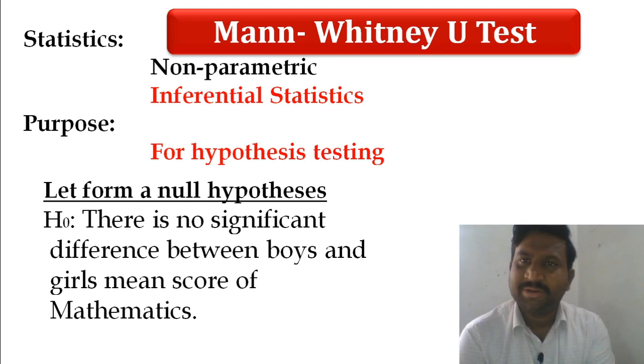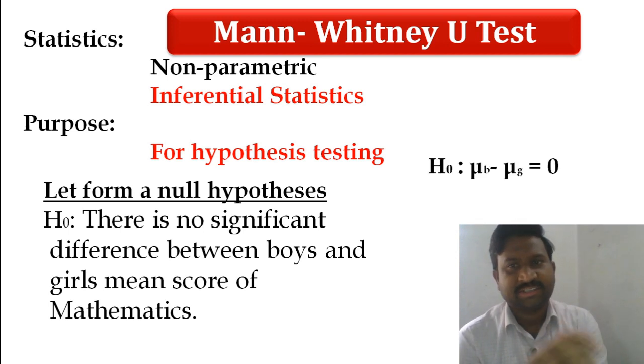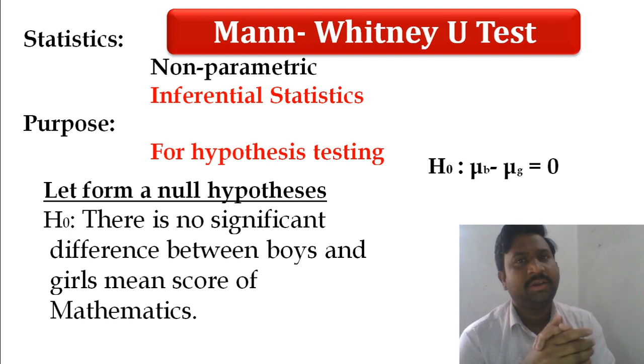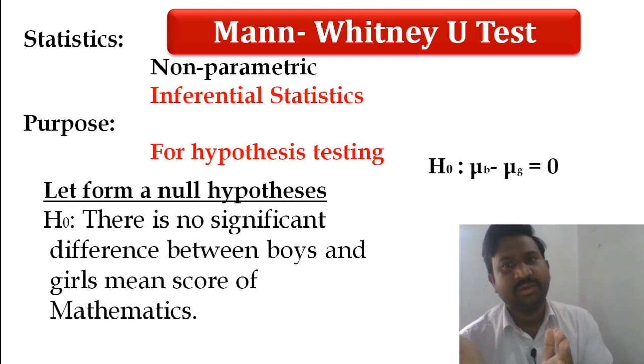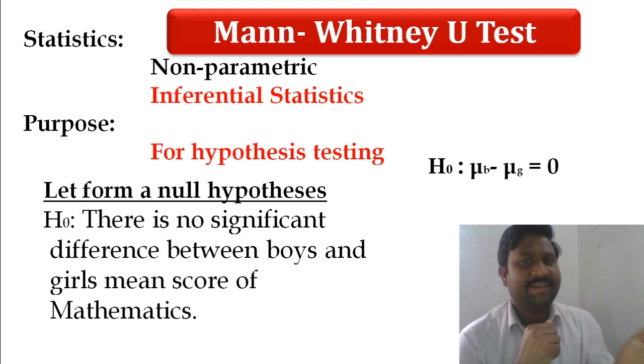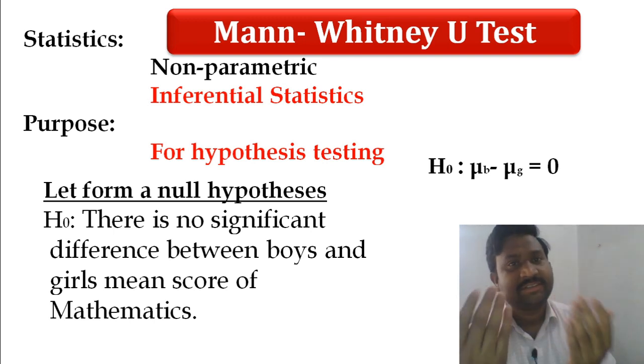Null hypothesis can be written like this: H naught such that mu b minus mu g is equal to 0, means mu b is boys mean, mu g is girls mean. So both means difference is 0. Or you can say mu b is equal to mu g. Mean score of boys and mean score of girls is same.